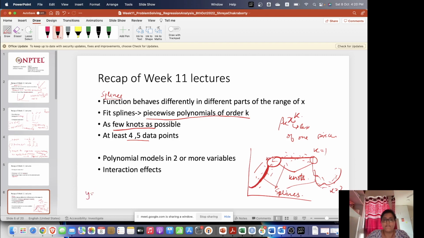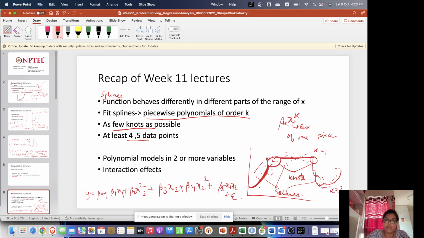We could have something like beta naught plus beta 1 x1 plus beta 2 x1 square plus beta 3 x2 plus beta 4 x2 square plus beta 5 x1 x2 plus epsilon.